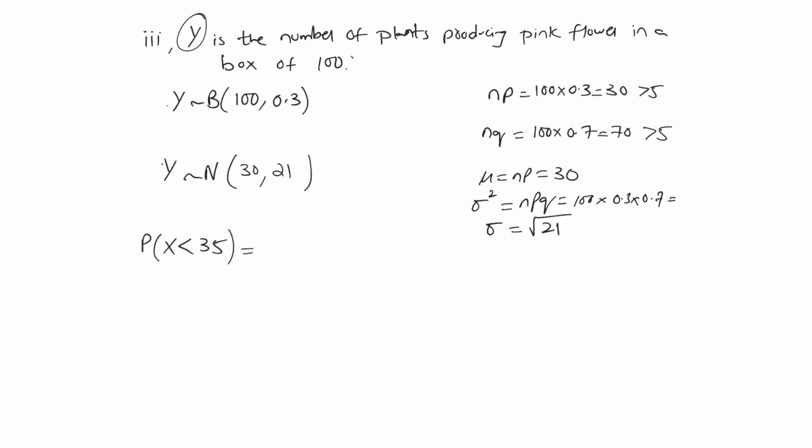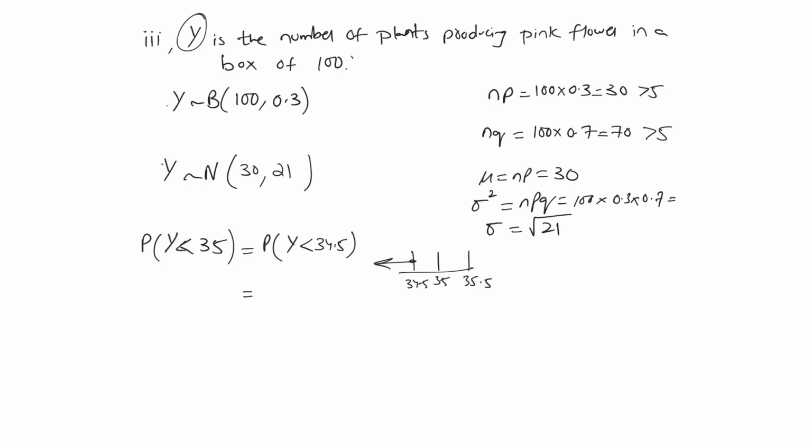Probability of Y less than 35 would be the same as probability of Y less than 34.5. The boundaries of 35 are 34.5 and 35.5. You want the region lesser than 35, so you will not include 35.